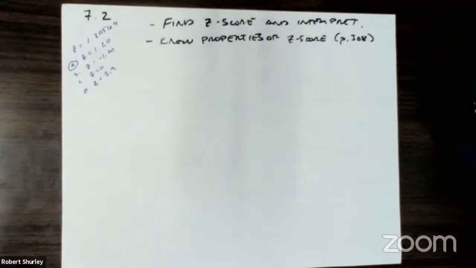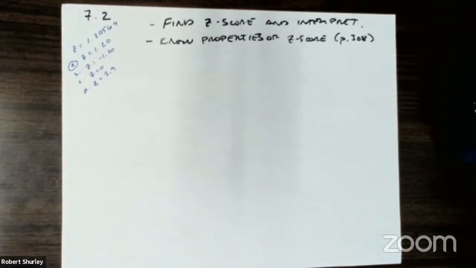That's just a goofy thing that has to do with rounding in this section and how they really kind of taught this without the calculator, which is not a bad thing. It just makes it a lot more difficult to teach. And it doesn't help in the end because the goal of stats is interpretation, not algebra. So you got to be able to find the z-score, interpret it, and know the properties of the z-score.